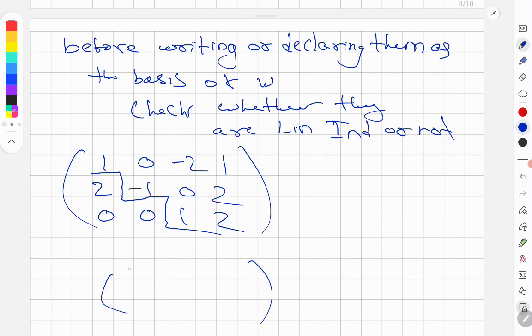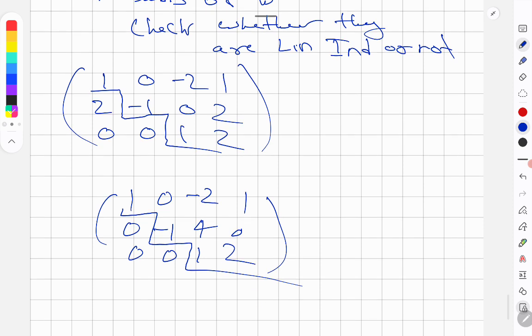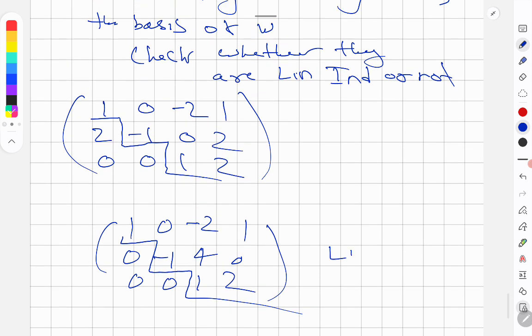Let me do it as well. So it's 1 0 -2 1, and if you multiply by -2, here is 0 -1 4 0, right? And here you get 0 0 1 2. So I already got a step, and no matter whatever you do, you cannot make any row 0, so they are linearly independent.